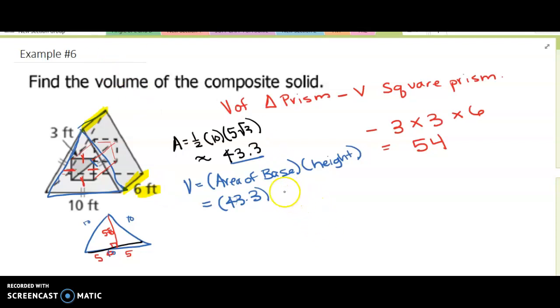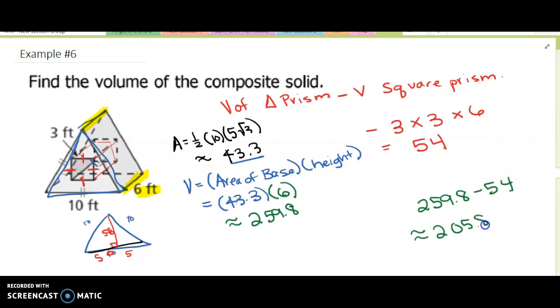Okay, so the height is just 6. So 43.3 times 6, you put that in your calculator, you get 259.8. So to find the volume of this composite solid, I would just take 259.8 minus 54, and you'd get roughly 205.8, and don't forget your feet cubed.